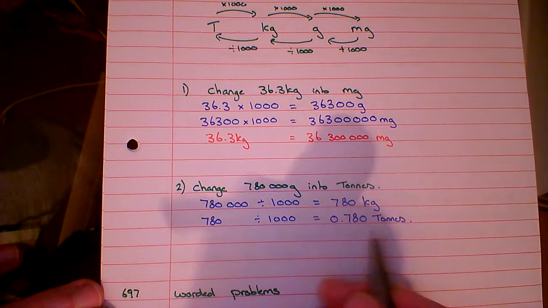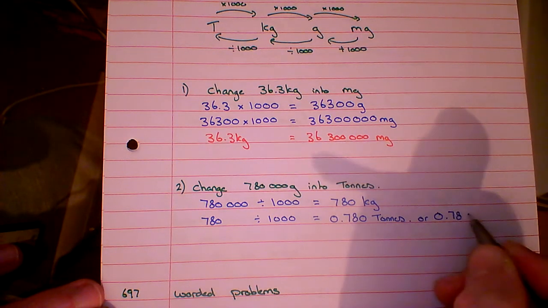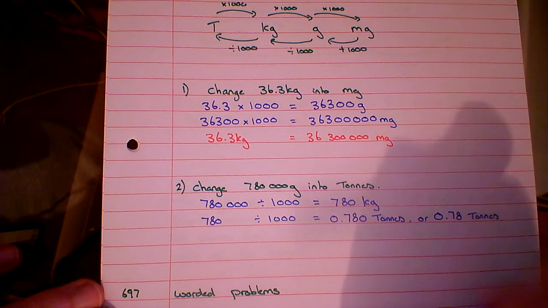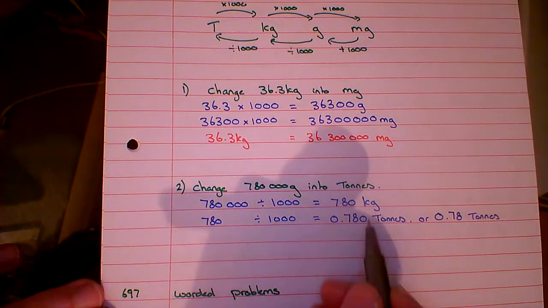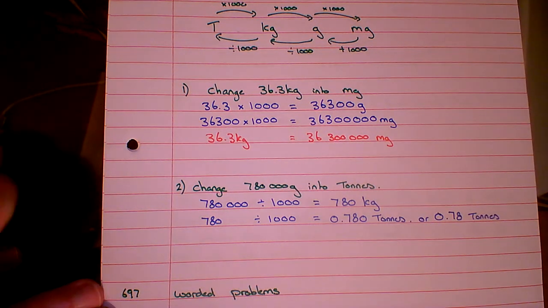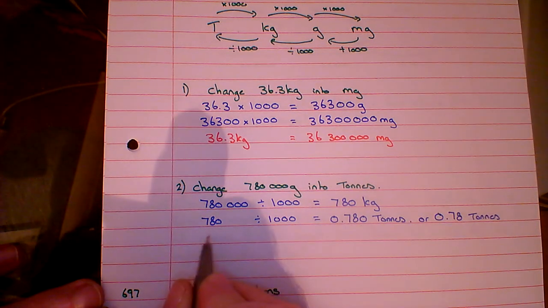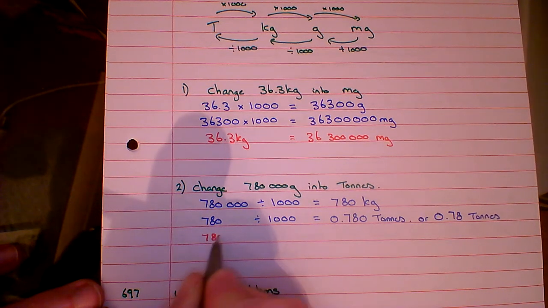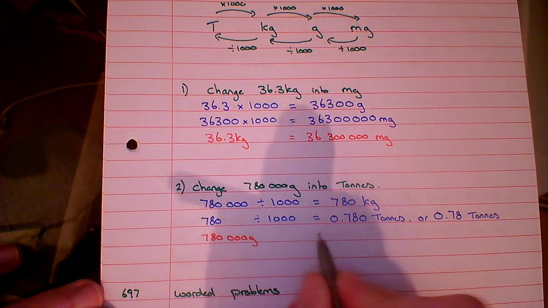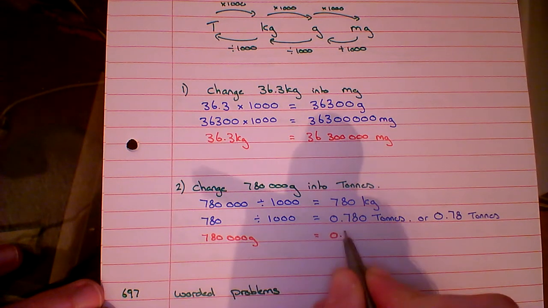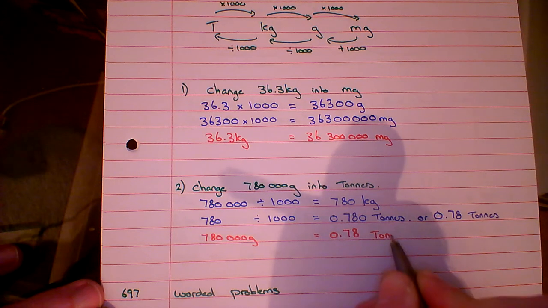I don't need to write the 0. I could write it as 0.78 tons, but I put the 0 there just to make the point. I've moved it 3 places. So my final line, I'm going to write out what we did. 780,000 grams was what we were given, and that is equal to 0.78 tons.